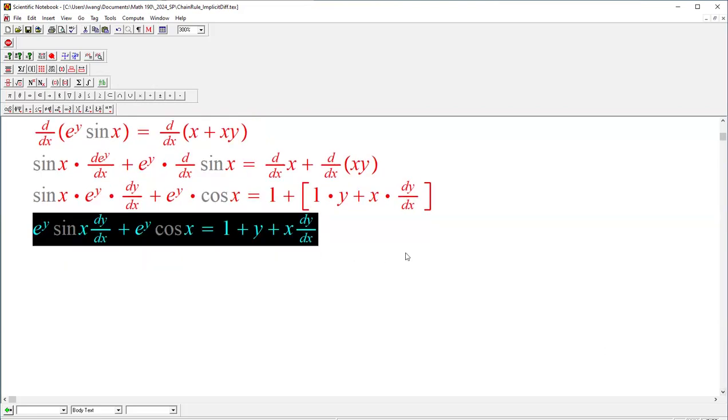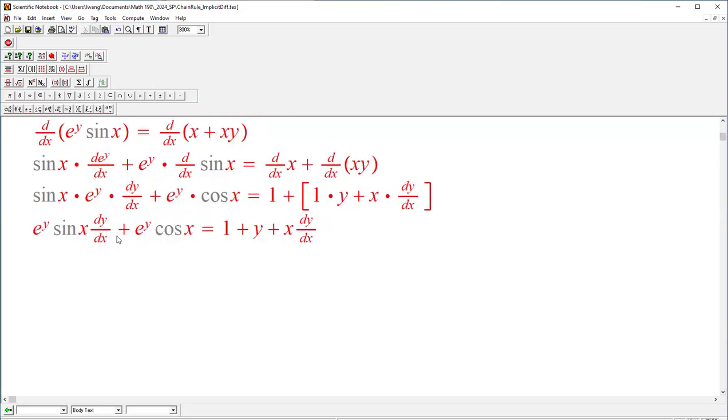And next, we're going to solve for dy dx, okay, by subtracting this piece on both sides. Right, subtracting that on both sides. And when we subtract that, what do we got?